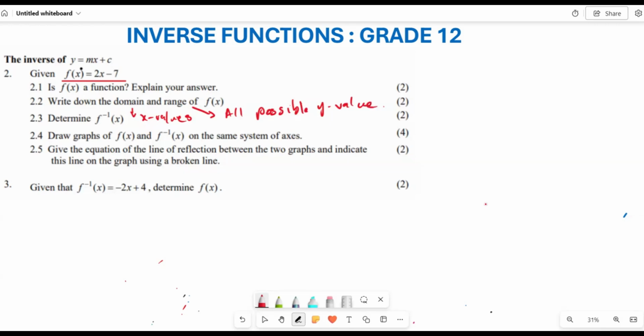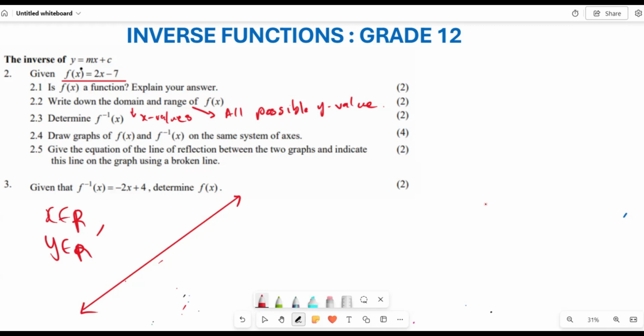Now I want you to have an understanding that whenever you have a straight line, the range and also the domain of your straight line graph is always like this. The domain is where x is an element of real numbers, and the range is where y is an element of real numbers. Because remember, when you have just a straight line, whether it's landed in this position or in this particular position, can you see that this line always has arrows, which shows that the x and y values are continuous from negative infinity to positive infinity.